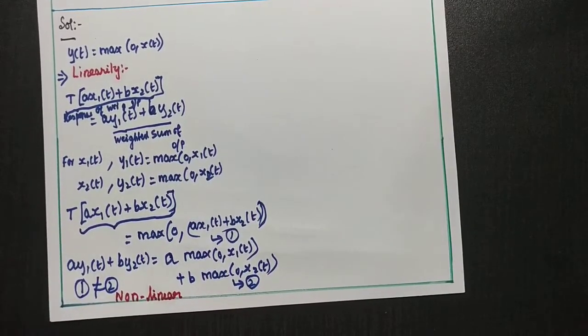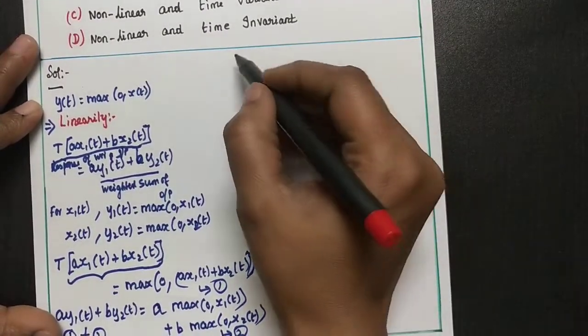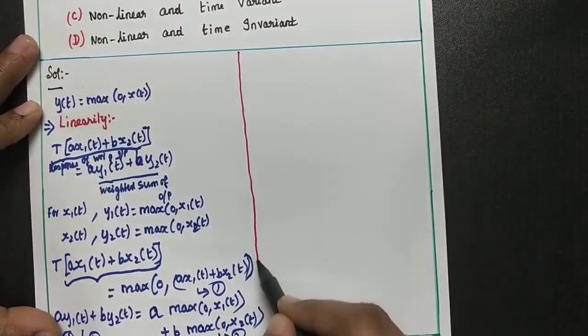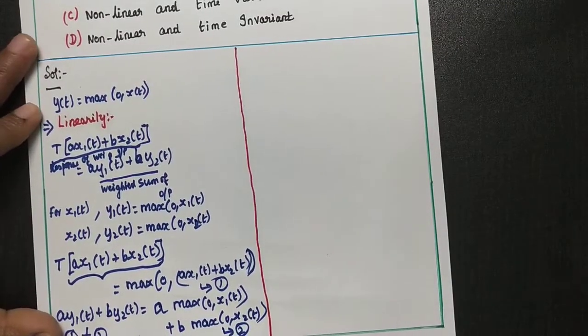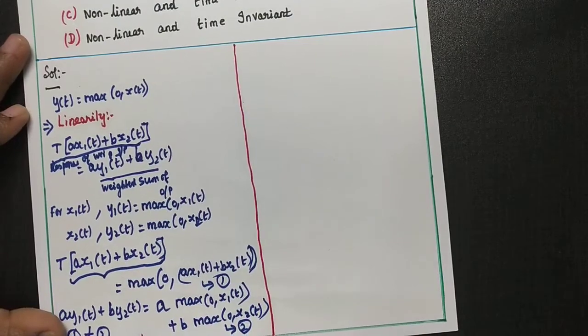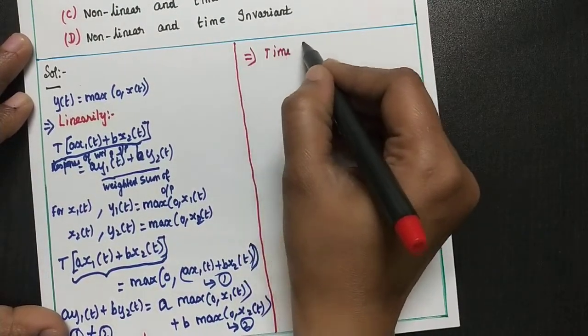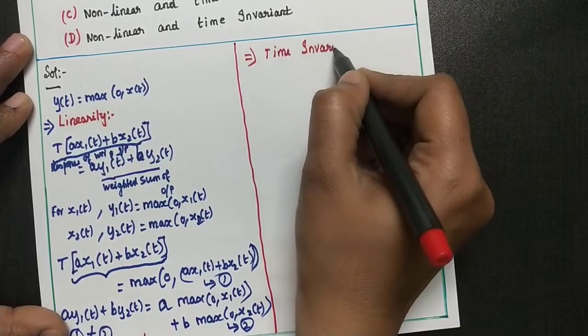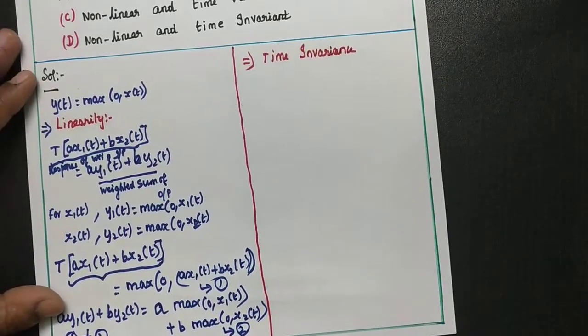Now let me check for the time invariance property, whether the system is a time invariant system or a time variant system. What is the condition for time invariance?